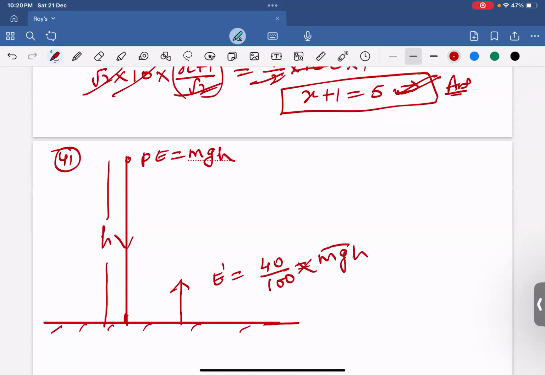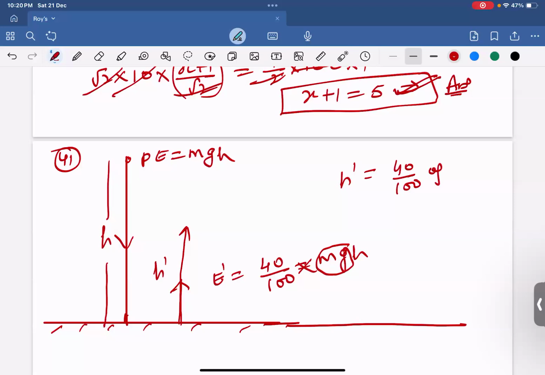As m and g are constant, it will only go 40% of the height, because energy is proportional to h only. So if energy is 40%, the new height h dash will be only 40% of the actual height.